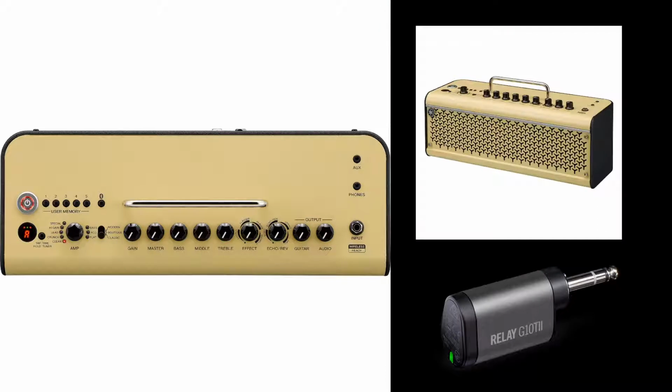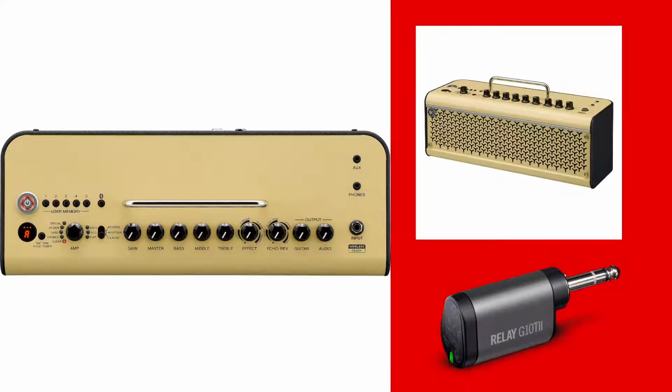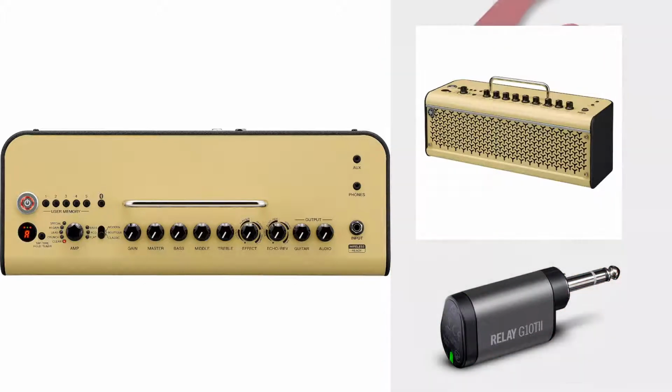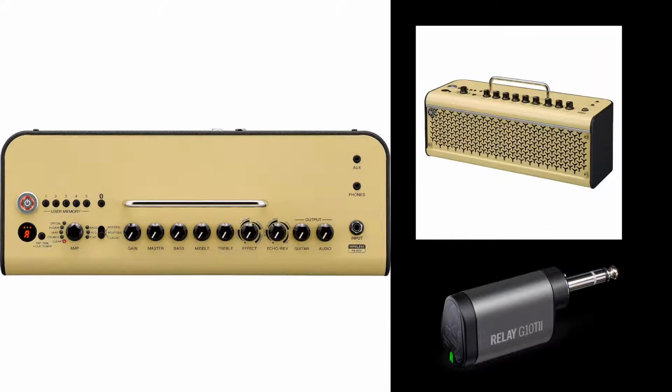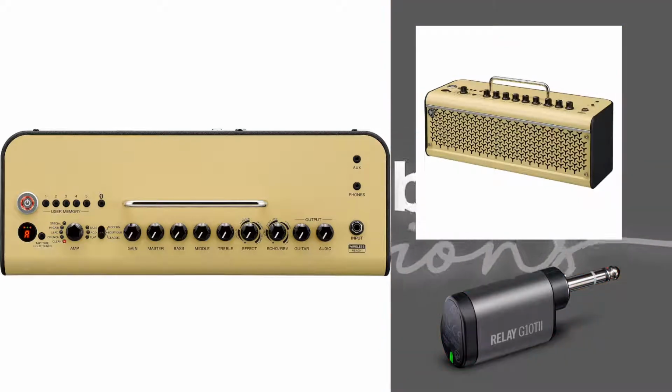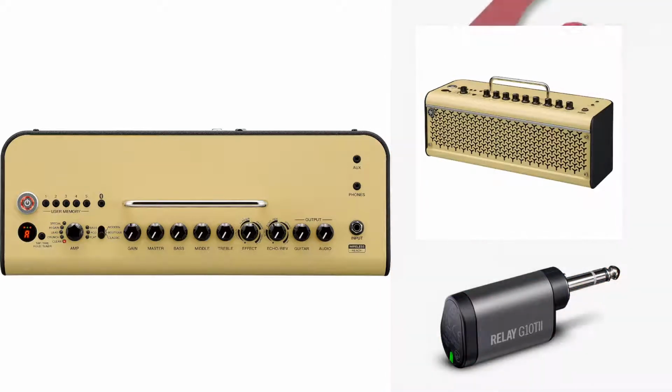I showed you the top there just so you could see the controls that we have. It looks like a regular old-fashioned tube amp. So that's pretty exciting, because it doesn't take a whole lot of time to figure out how to get the tones that you've known and loved for all these years.